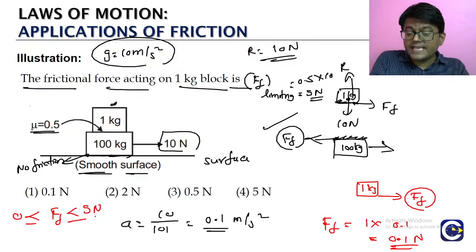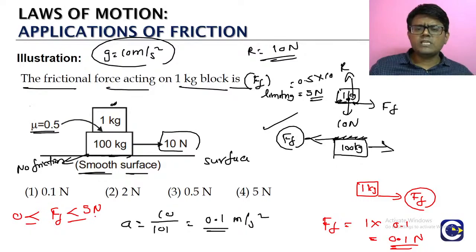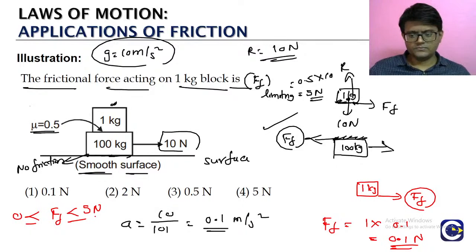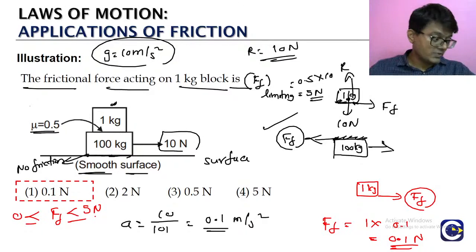In this case, the static friction need not go to the limiting value. It can prevent the relative motion by just getting a value equal to 0.1 newton. That's it. Okay, so what is the answer for this? The frictional force acting on the 1 kg block, which is static friction, will be equal to 0.1 newton.